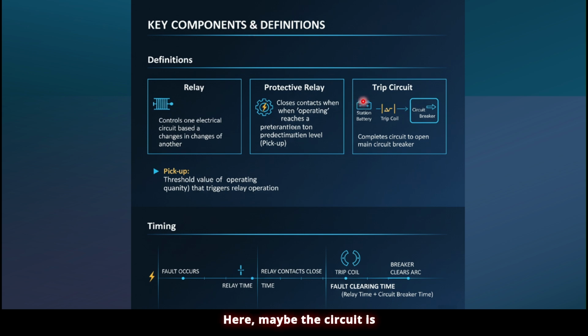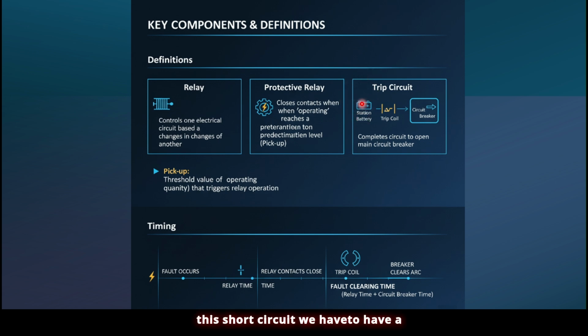Here, maybe the circuit is not clear. I will explain how it works. In fact, we have as a first element the electrical system, okay, and then when the electrical system causes a current that is not normal, the relay will sense this change of current and will create a short circuit.